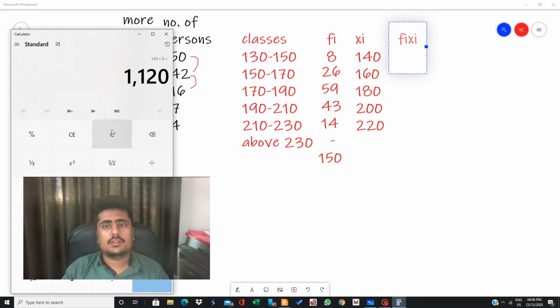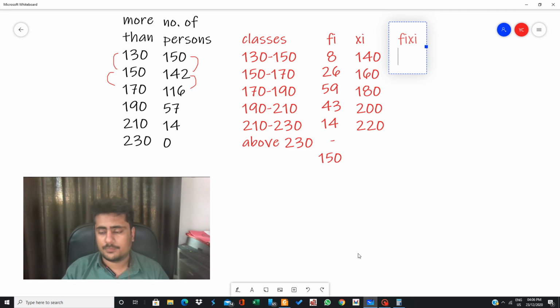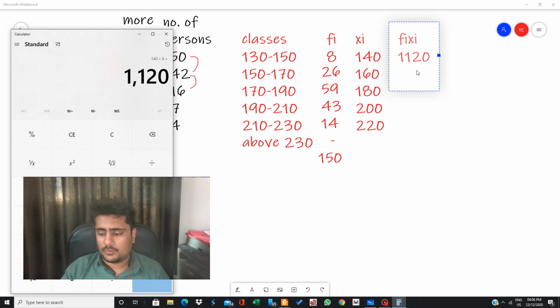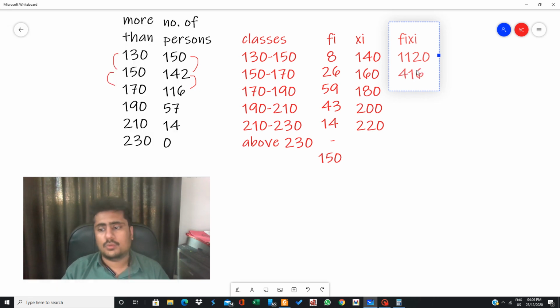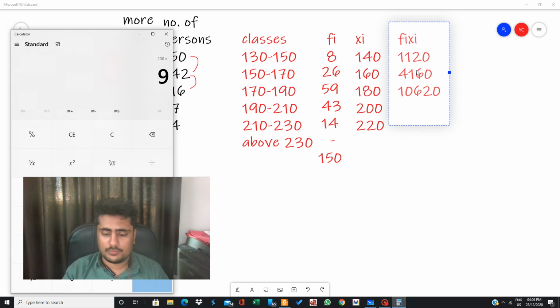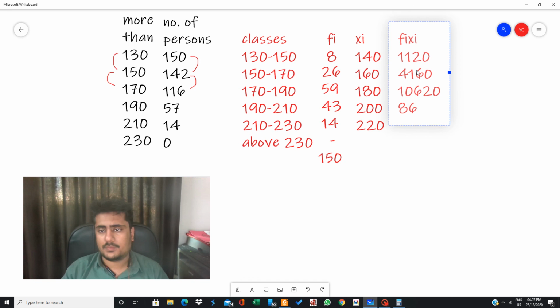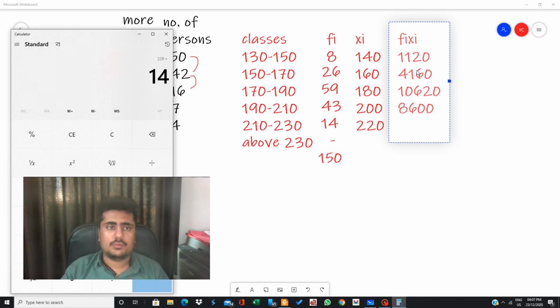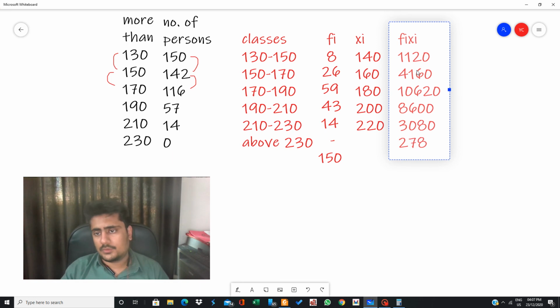8 into 140 is 1120, 26 into 160 is 4160, then 180 into, 200 into, 220 into.